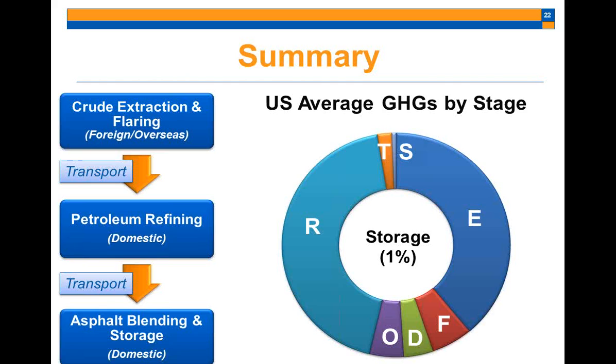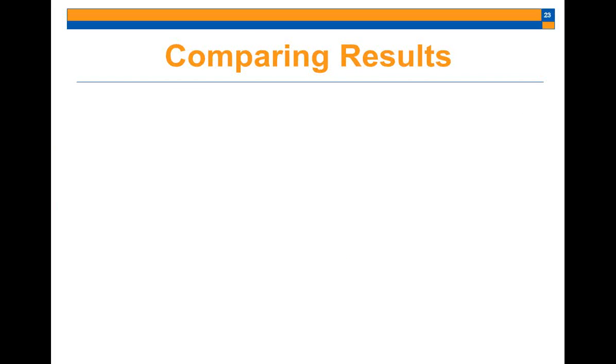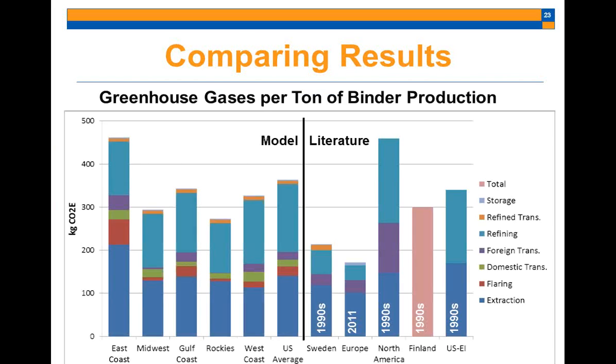So this is for the average U.S. production of asphalt binder. If we look at the other regions, since we just talked about the U.S. average here, you can see that there is quite a big difference. And again, it depends a lot on where the crude sources are coming from, and also the refineries. Those are usually the two major sources of variation.